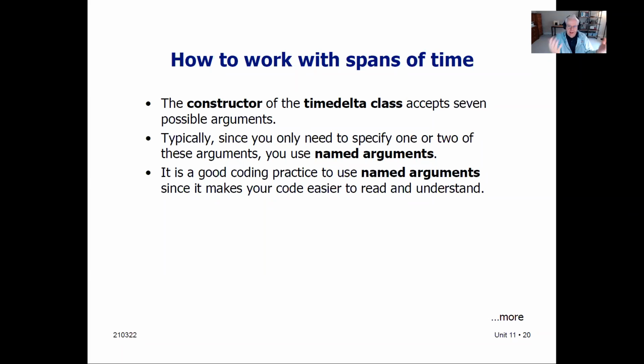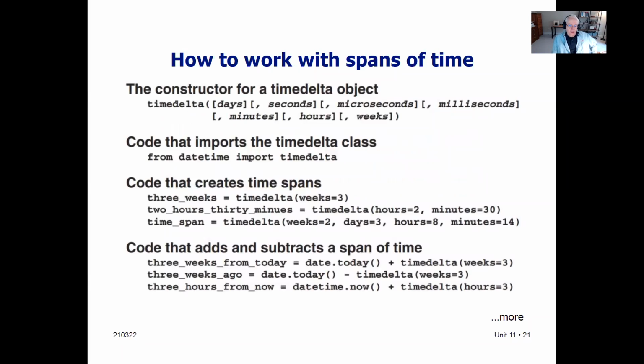So evidently that's the number that triggers the author, because now he says, okay, maybe you want to use named arguments instead of just doing sequence. And I have no problem with that. I like named arguments. And as he says, named arguments make it easier for people to read your code. So you're going to see some named arguments in these examples.